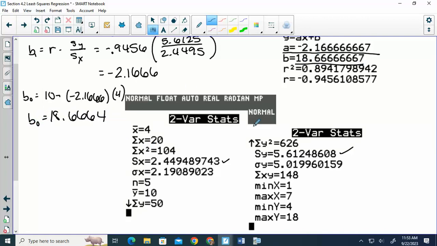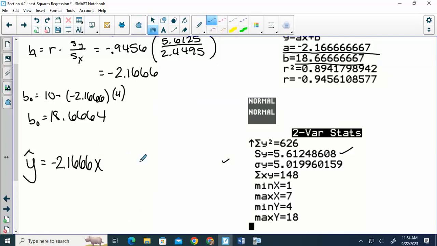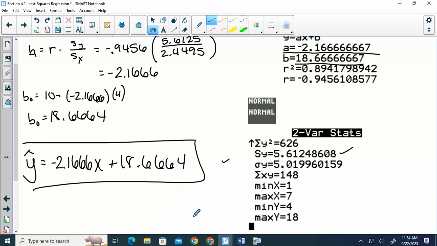Again, only slightly off due to rounding error. So our line of best fit, we call it y hat just because it's the predicted value, is negative 2.1666x plus 18.6664. Where do we get the 4? x bar, the mean of x.